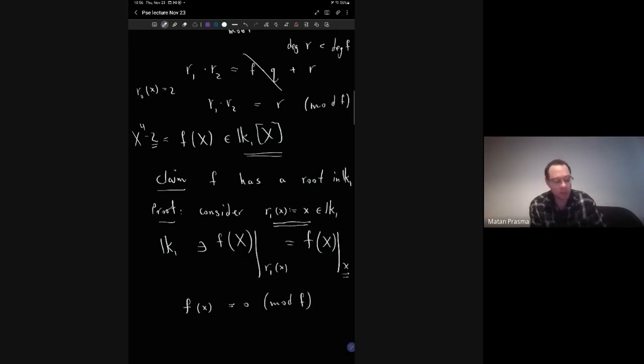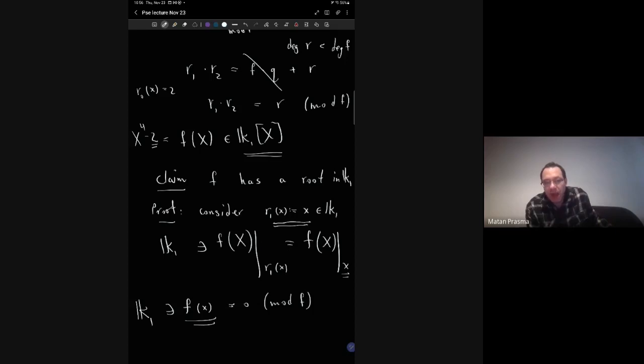When I substitute x into f of capital X, I get, of course, f of lowercase x, which needs to be an element in the field K1. But in the field K1, I have modulo f arithmetic.